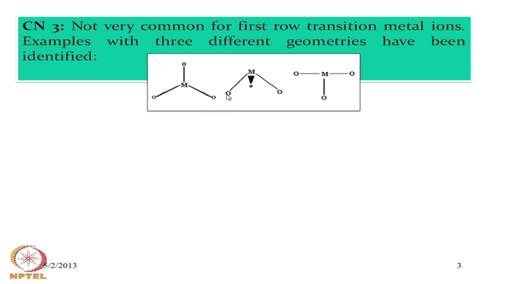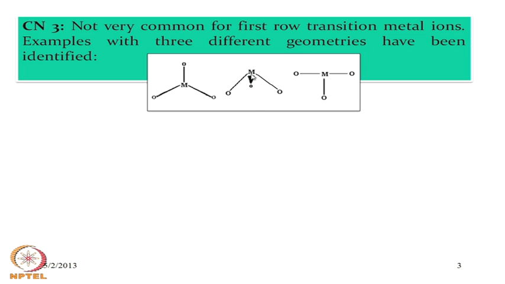The first is the trigonal one, where the metal center is sitting at the center and 3 oxygen, 3 fluorine or 3 chlorine atoms are attached at the 3 corners of a regular triangle. So, if you have a regular triangle and it can bind to these 3 points with oxygen or fluorine, we get a coordination number of 3.